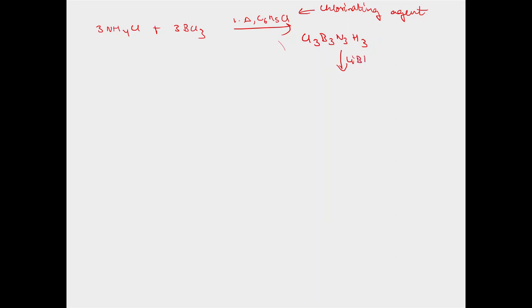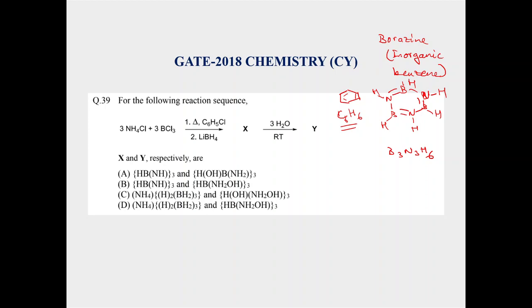So LiBH4 is a reducing agent, and that's why it is removing the HCl, and we are getting B3N3H6. So this is nothing but borazine. So X is B3N3H6.